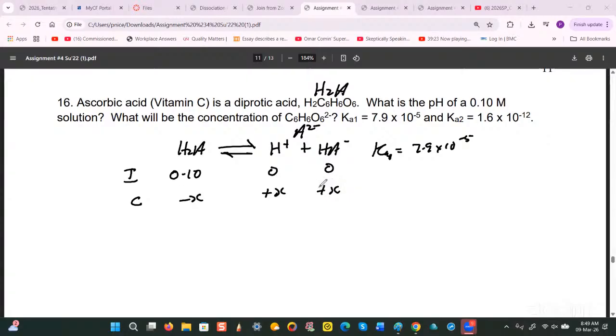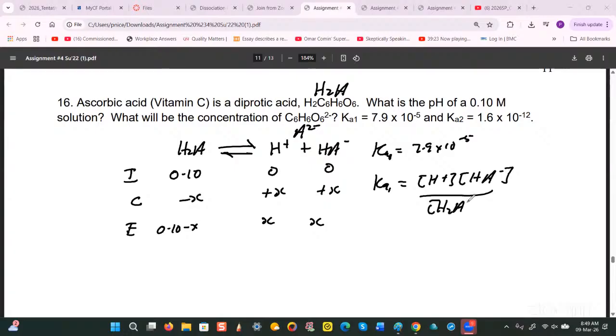And therefore at equilibrium, we're going to have 0.10 minus X. Here we're going to have X and here we're going to have X. So Ka1 is equal to the concentration of H plus times the concentration of HA minus divided by the concentration of H2A, all right?